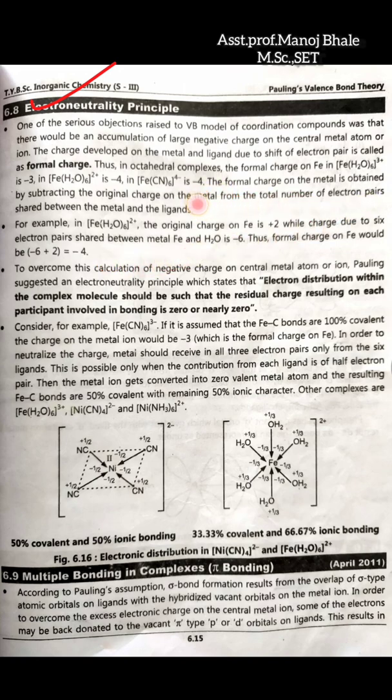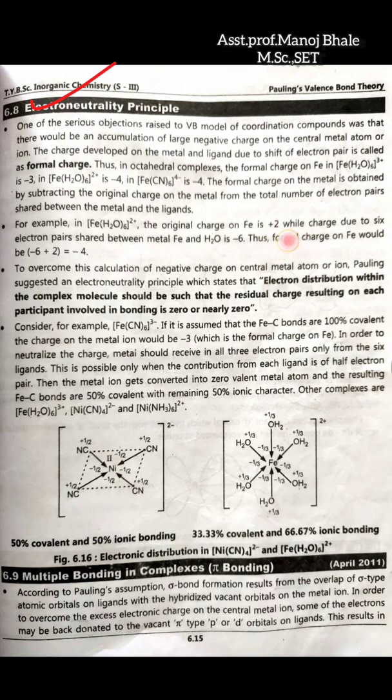But how to calculate formal charge? According to the formal charge, we can easily calculate the ionic and covalent character. In this example, you can observe Fe surrounded by 6 water ligands and having +2 charge.